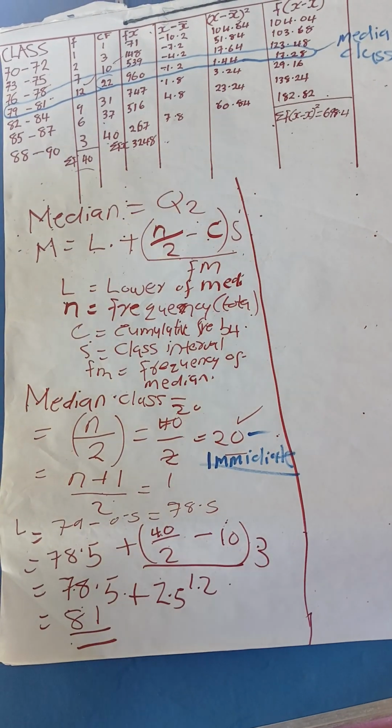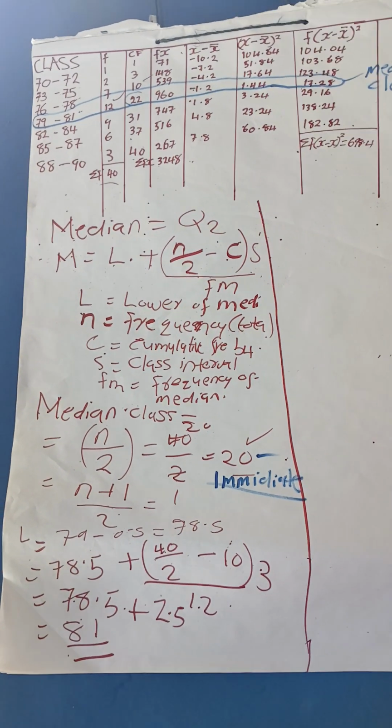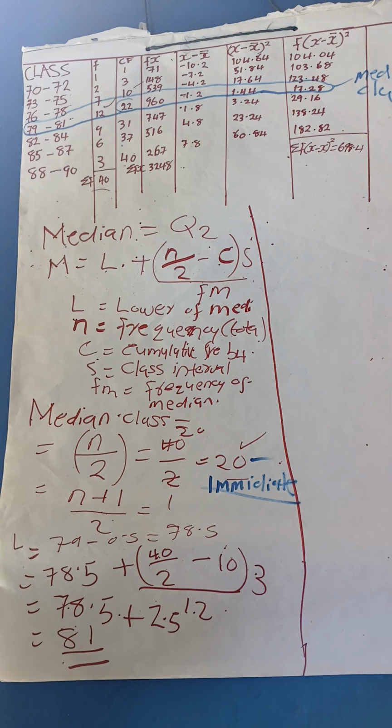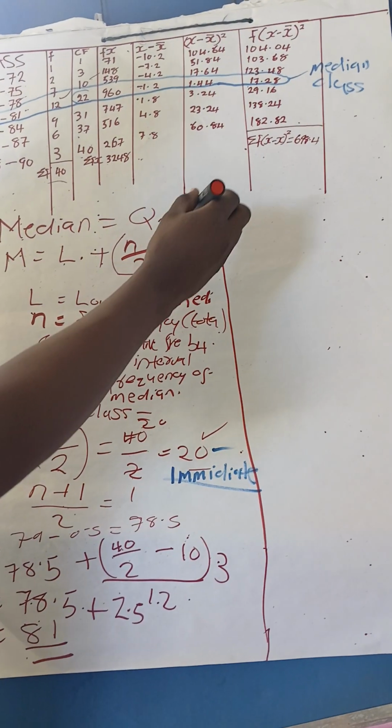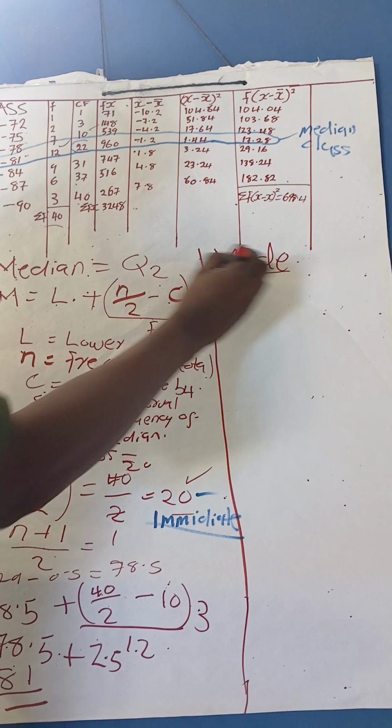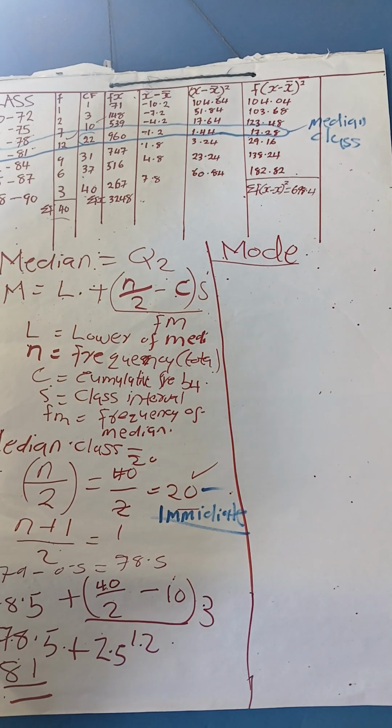Now the mode, we have defined as the most appearing. So I will give you the shortest formula for the mode. The shortest formula for mode is always easy. It has many formulas, but let me use the shortest one.